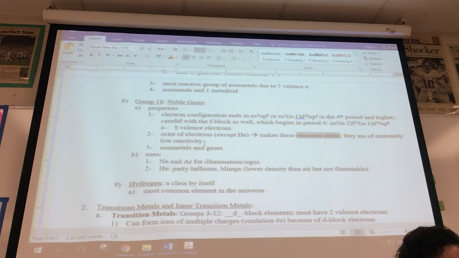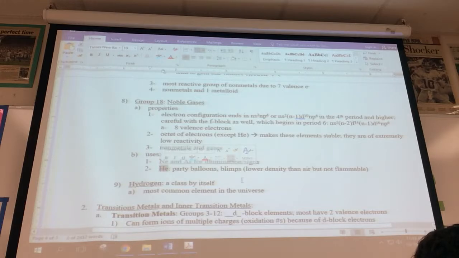And when you think about your noble gases, there are many that you're quite familiar with. For example, at the pizza place, they'll have an open sign, and that'll be neon, that red gas that you see in the open sign. You've been to many parties where you suck the helium out of balloons and you have a very high voice.